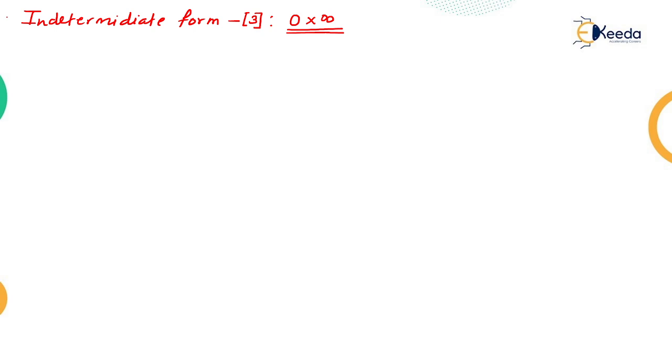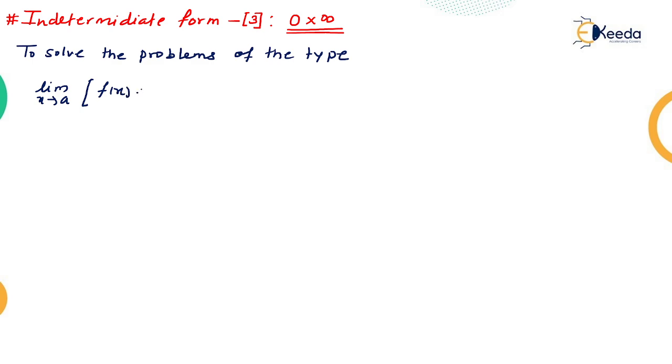Now to solve the problems of this type: the limit as x tends to a of f of x into g of x, where f of x and g of x are in multiplication, that is, in product.